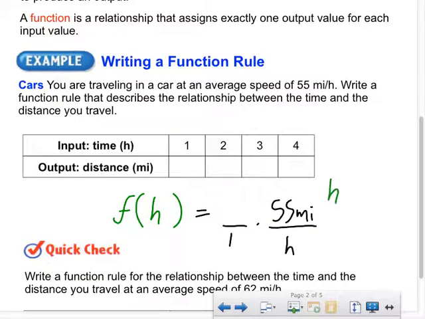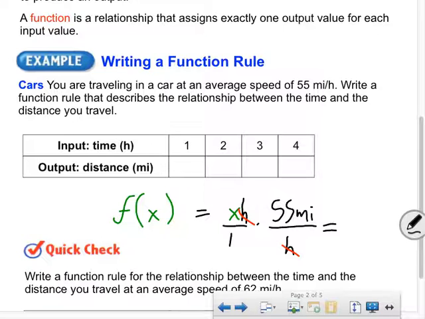And maybe instead of H, I should have put X. And those will be in units of hours, X hours. Now, if I was to substitute 1 hour into this function, what would I get back? Do you guys see that my units cancel, H and H? So if you see the units will cancel out, this will give me back my output.